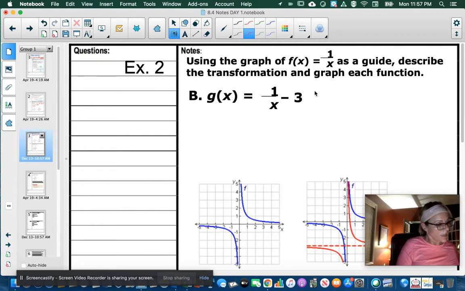Example 2: using the graph of f of x equals 1 over x as a guide, describe the transformation and graph each function.